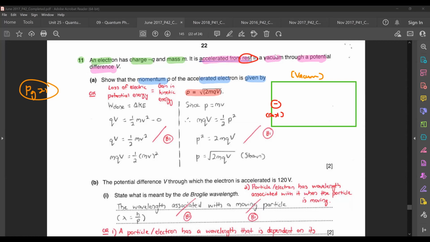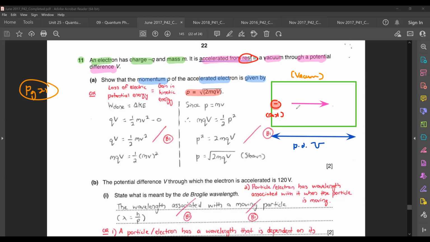So you can assume that throughout this region of your vacuum, you already have a potential difference, a PD of V. Okay, so you apply a potential difference. This electron that was originally at rest will now start to accelerate towards the other end here. Okay, it will now move towards this side.